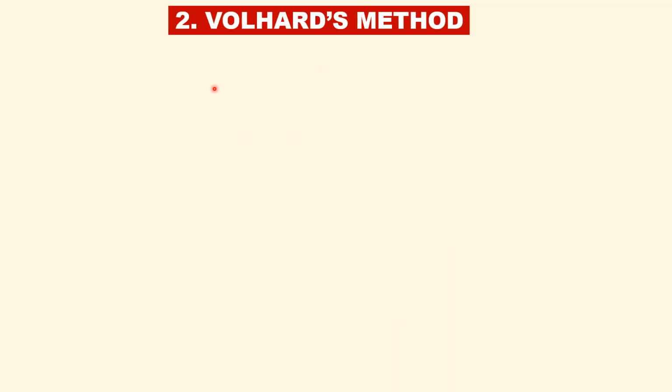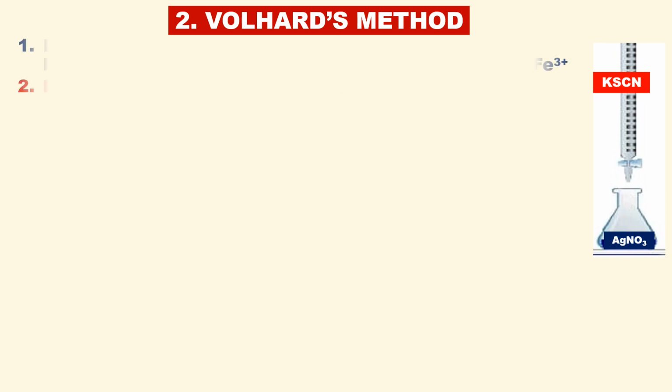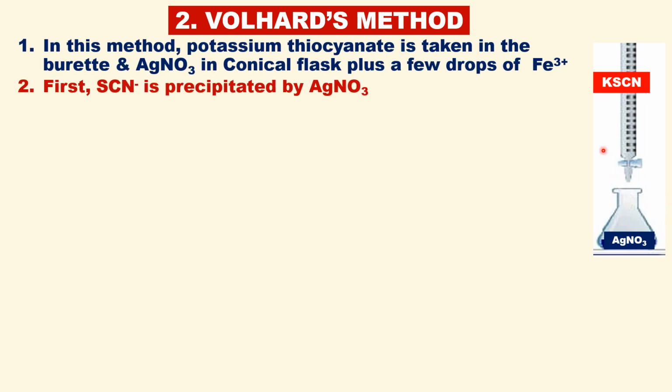The second method is Volhard's method. In this method, potassium thiocyanate is taken in the burette and silver nitrate is taken in the conical flask. It is reversed in this, and a few drops of ferric salt as indicator.